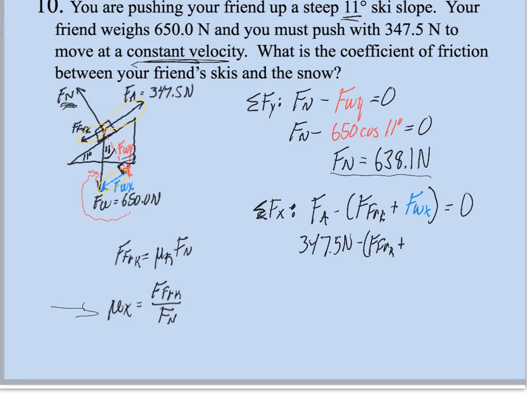Plus FWX. Is there enough information to find FWX? Well, FWX is opposite the 11 degrees, and I know the hypotenuse is 650. So I'm going to use 650 sine 11 to help me find the friction force. So this is still 347.5 minus my unknown, the kinetic friction, plus whatever 650 sine 11 is, and that's 124.0 newtons.